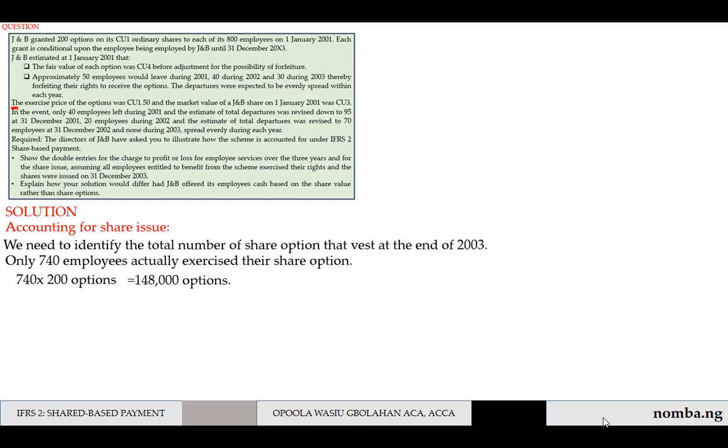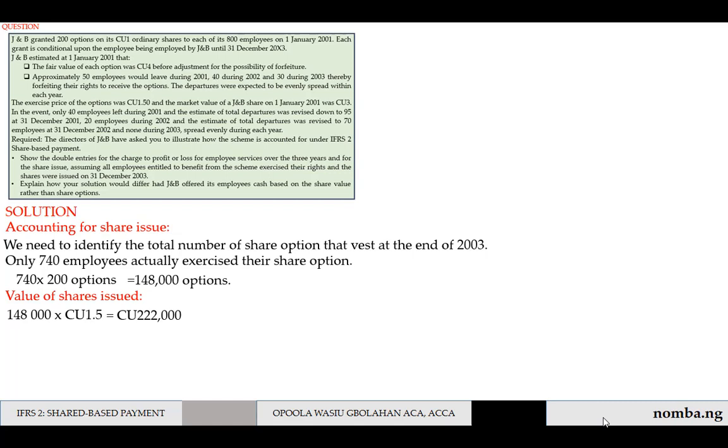And we're told in the question that the exercise price is 1.5. So the value of the share issue is 148,000 options multiplied by 1.5, and that will give us 222,000.